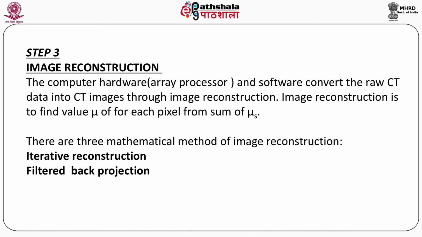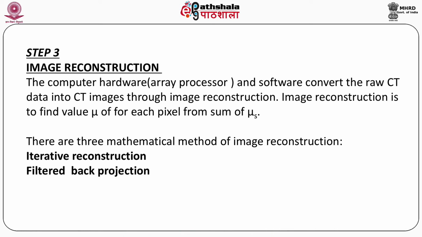Now the third step is image reconstruction. Image reconstruction involves sending pre-processed data into the array processor, and the array processor processes the data and then sends it back to the computer. So processed data are in the form of individual values of the linear attenuation coefficient.